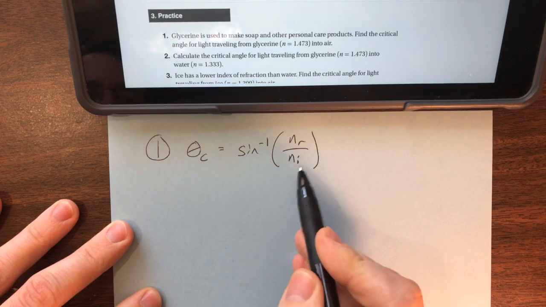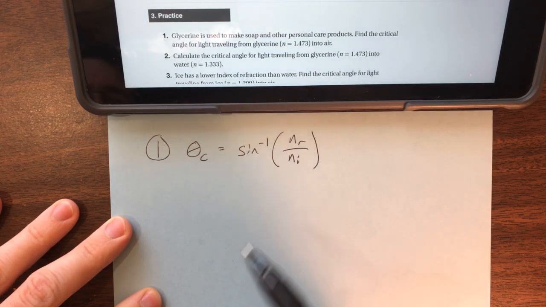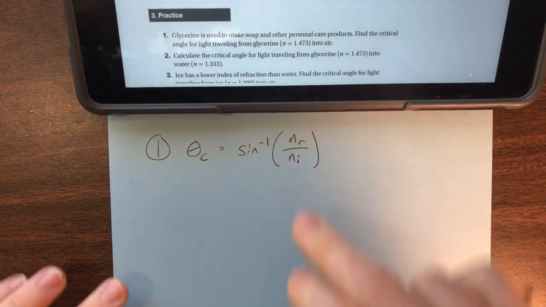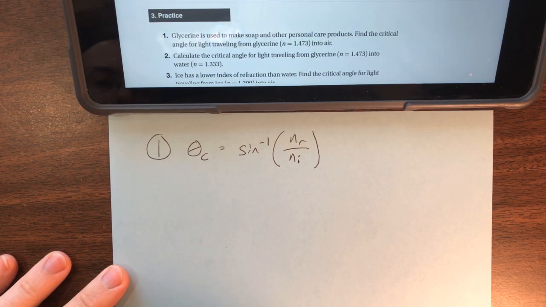So where the light's coming from and where it's going into. Okay? One of the biggest mistakes that you could possibly make on these kinds of problems is just switching n_r and n_i. That's an easy mistake to make, so make sure you don't do that.